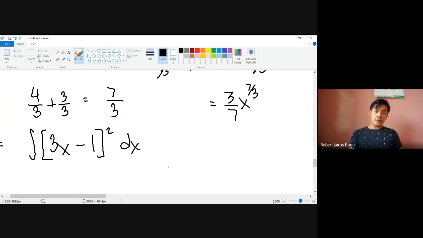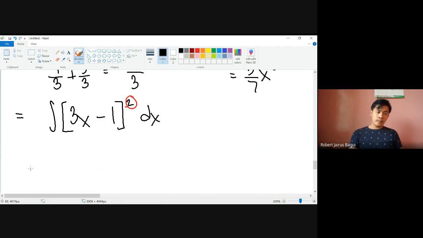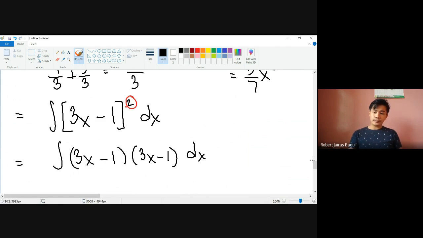Pero ang kailangan natin gawin dito, since siya ay naka-raise sa 2, pwede natin siyang i-expand. So how? So 3x minus 1, 3x minus 1. So pwede natin siyang i-write as ganito.